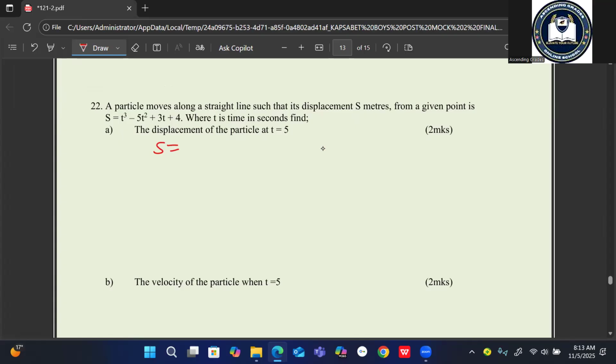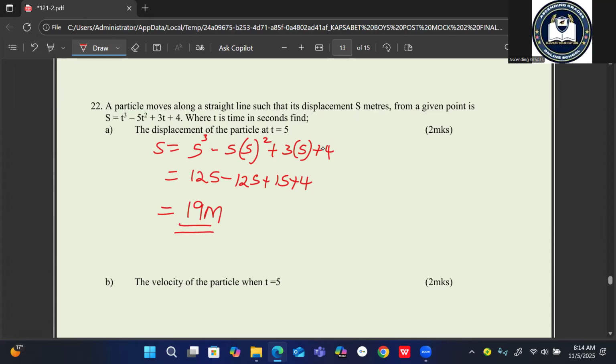So it will be s is equal to 5 cubed minus 5 times 5 squared plus 3 times 5, then plus 4, which should be equal to 5 cubed is 125 minus 125 plus 15, then plus 4. So that one gives us 19 meters. As simple as that.